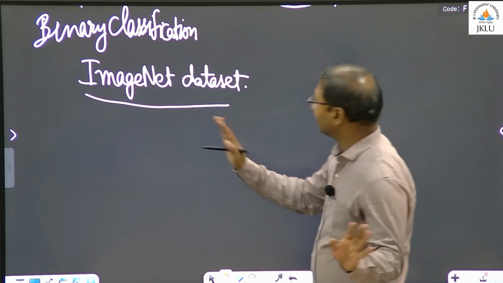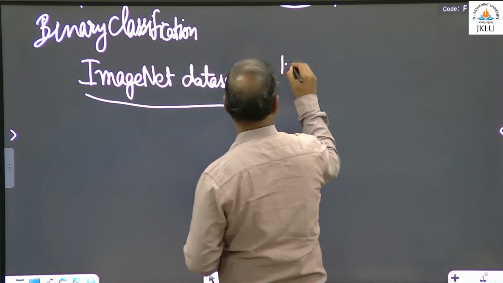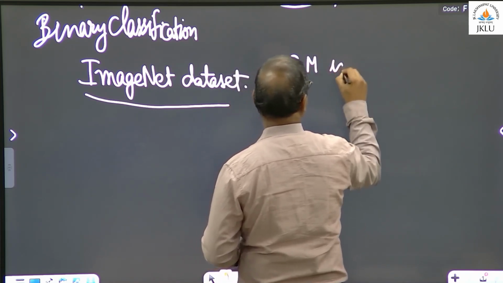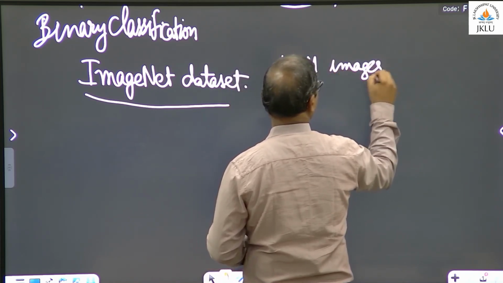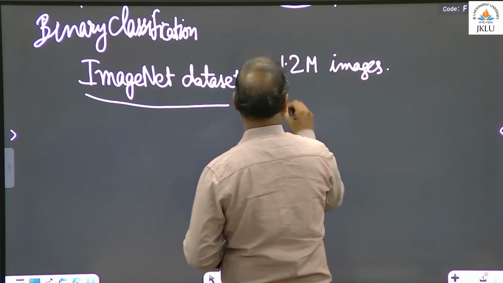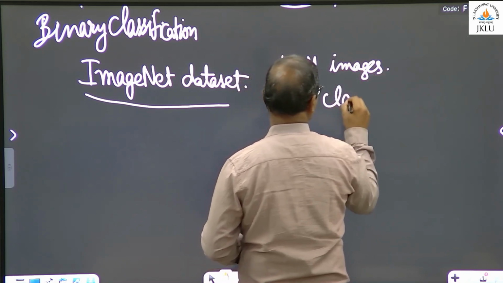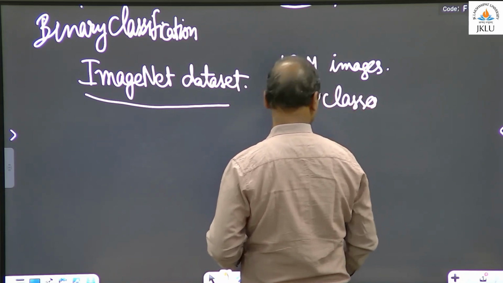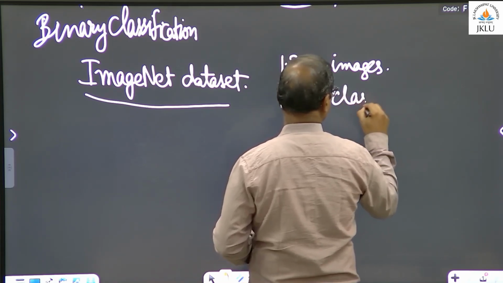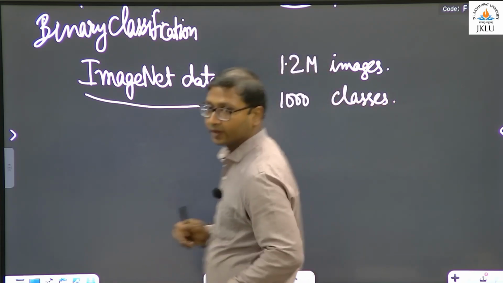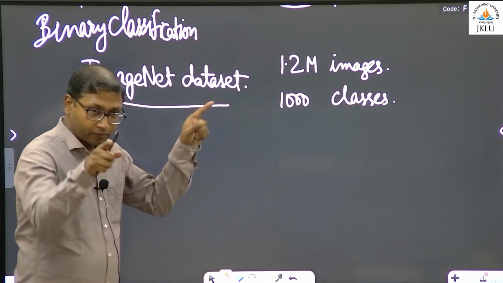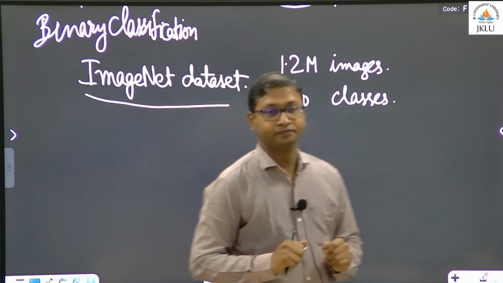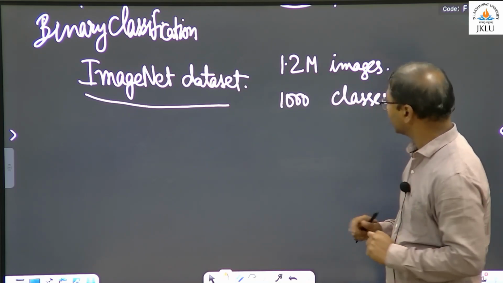Okay, so the ImageNet dataset has roughly 1.2 million images and it has 1000 classes. So maybe what you are talking about is CIFAR-10, right?